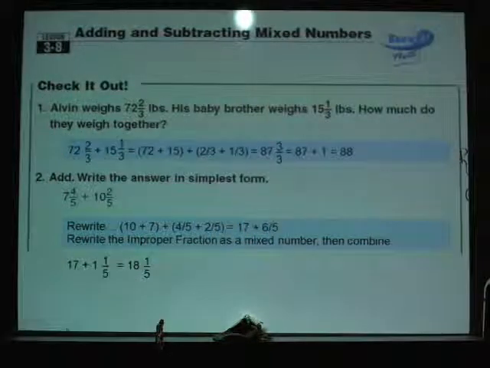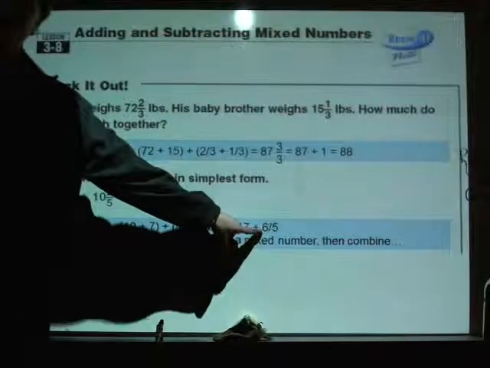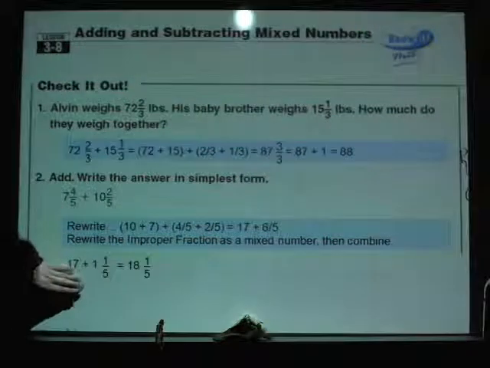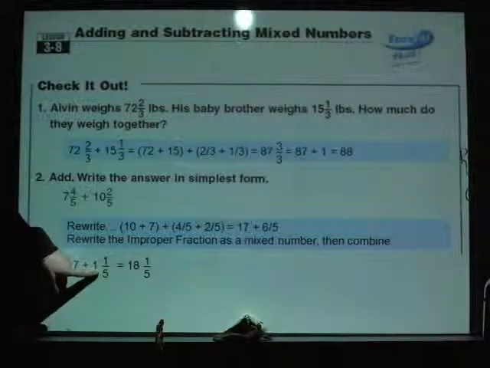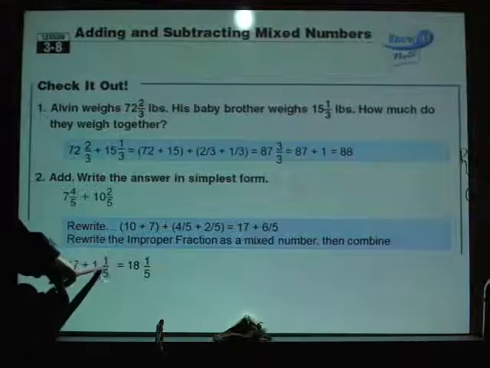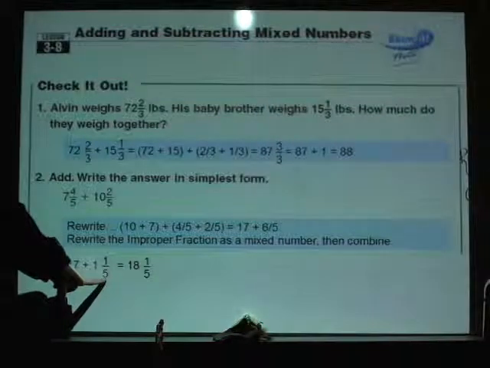Now, obviously, I cannot write 17 and 6/5 because that's got an improper fraction embedded inside a mixed number, which is not allowed. So you're going to have to rename 6/5 as its own mixed number and then combine that with 17, which is what you can see down here at the bottom of the slide. 6/5 is the same as 1 and 1/5. 5 goes into 6 one time, would leave me a remainder of 1, which is where the numerator comes from, and the denominator would stay 5.